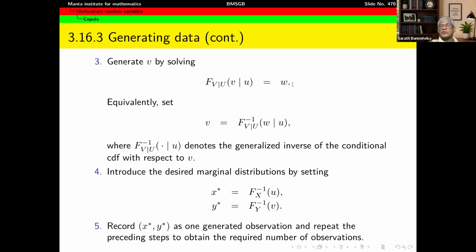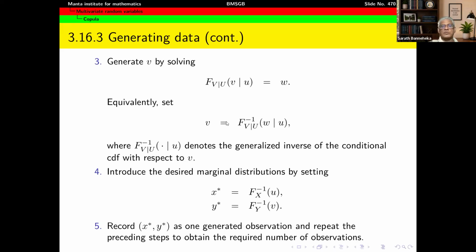So once we have this U and V, we now use those U and V to get the correlated X star and Y star. Let's define X star to be Fx inverse U, where Fx is the marginal of X that we want. Let Y star be the Fy inverse of this V here.